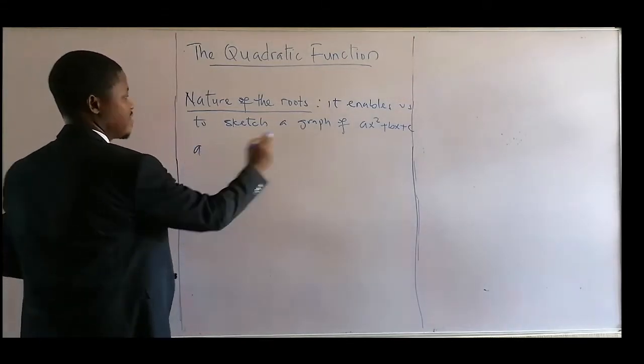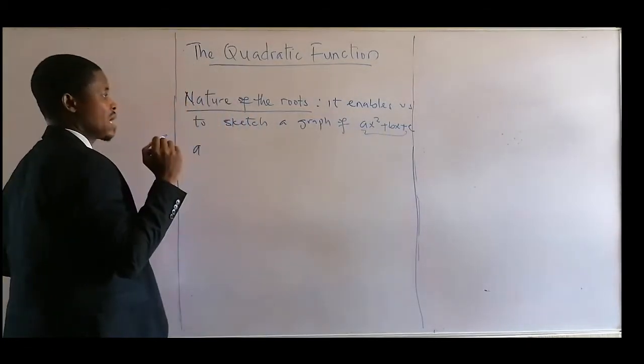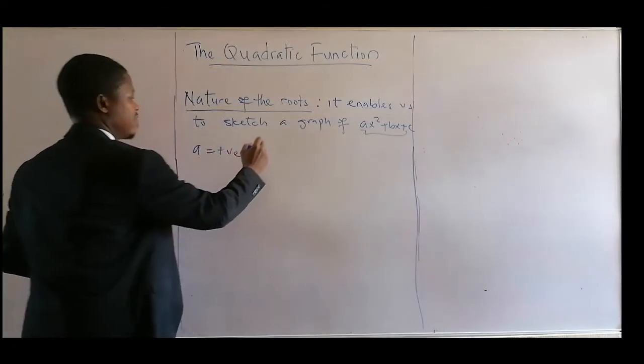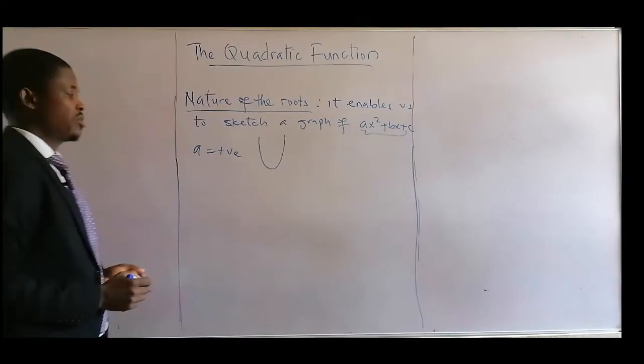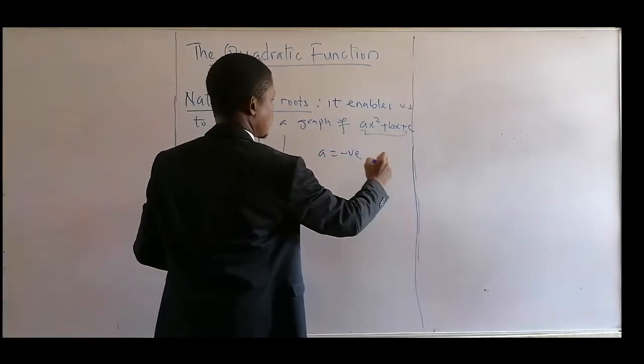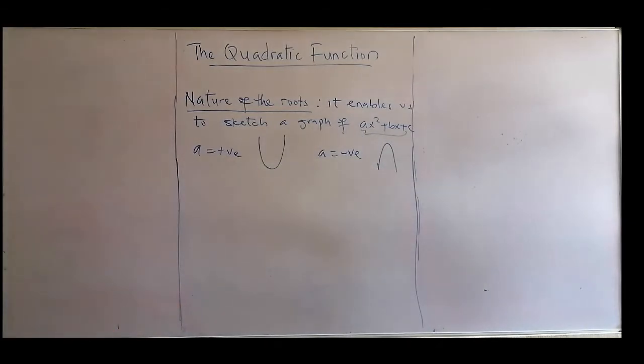If your a in that quadratic expression is positive, you're going to have this shape, and if your a is negative, you're going to have a cap shape.